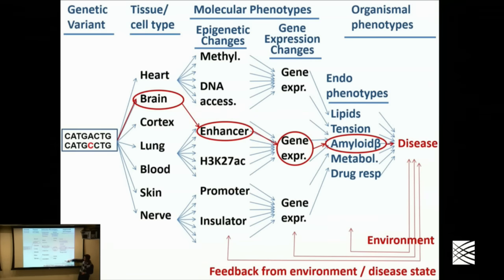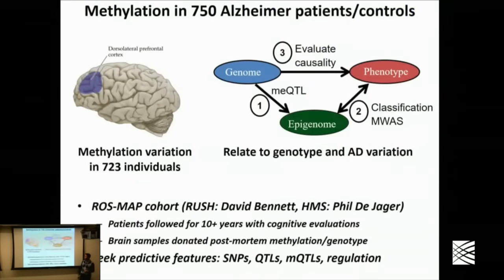And the environment might actually be coordinately changing both the gene expression patterns and the disease. For example, if I'm exposed to particular chemicals, or if I have a high educational attainment, it might actually change my predisposition to Alzheimer's and change both disease and gene expression. So that's why we have to be very cautious that these arrows are actually flowing in both directions.